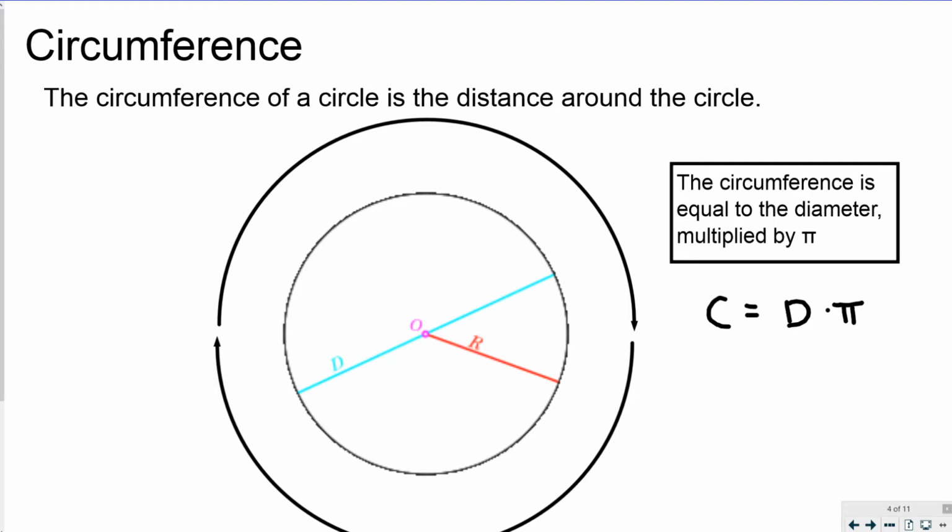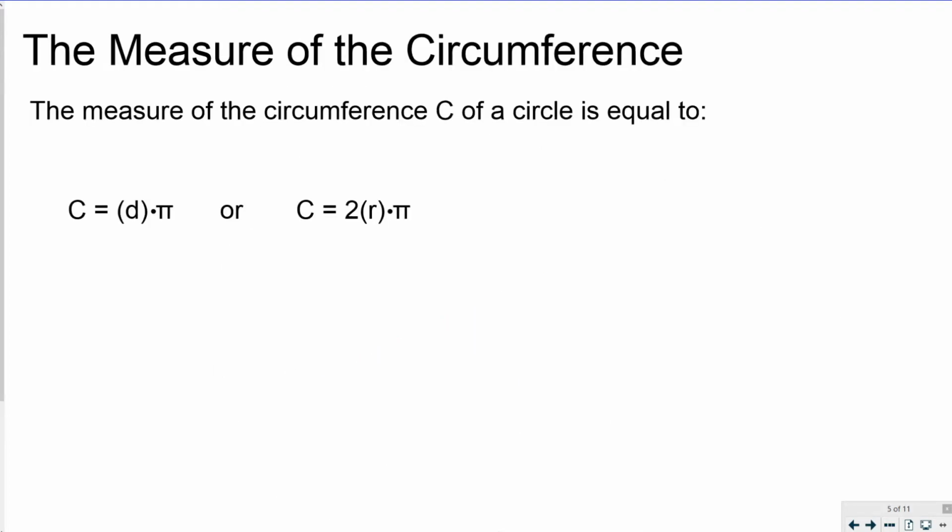And remember that the measure of a distance around a shape is equal to the perimeter. So circumference can be thought of as the perimeter of a circle. The measure of the circumference is diameter times pi, or if you know the radius, you double it, so 2 times r, and then multiply it by pi.